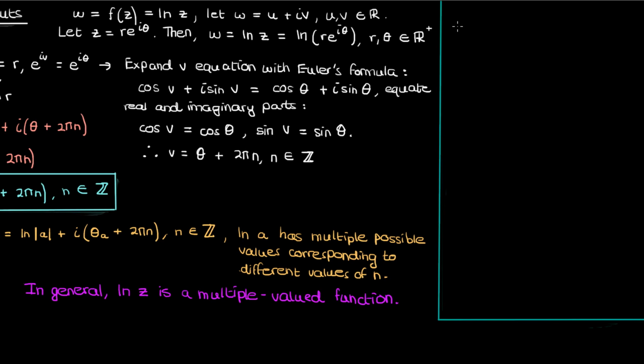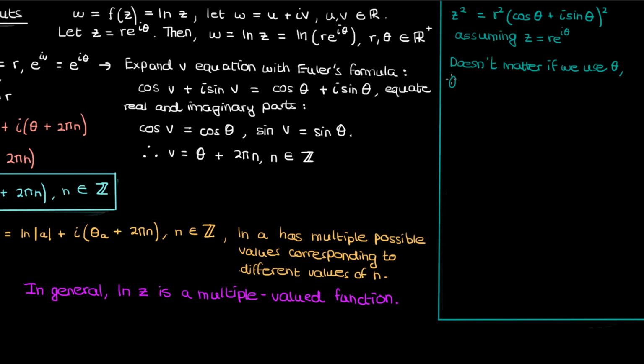Now, this multiple valued function is a contrast with typical single valued complex functions. Something like z squared, which would be r squared times the square of this trigonometric term, would only be a single valued function. Why is that? Because it doesn't matter what angle I substitute, whether it's theta, theta plus 2 pi, theta plus 4 pi, etc., I will still get a unique value for z squared given a single value of z.